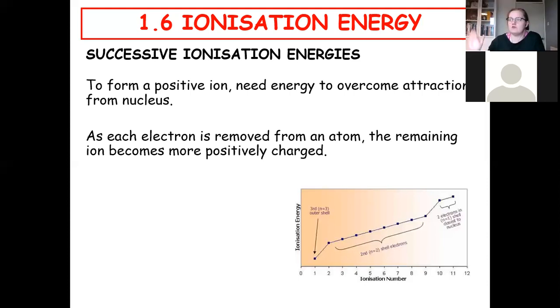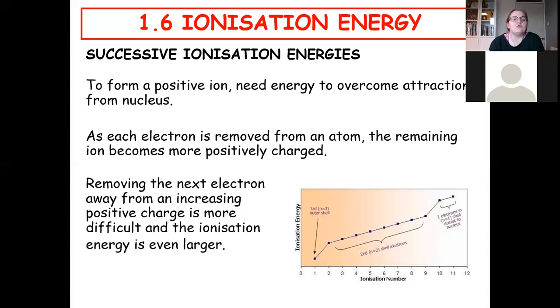We've lost a negative charge, so the atom overall becomes more positively charged because we have that unequal balance. Usually our electron and proton number would be exactly the same in an atom. So we've lost an electron, so we have a more positively charged atom, hence it becomes a positive ion, and so a cation. So removing the next electron away from the increasing positive charge becomes more difficult.